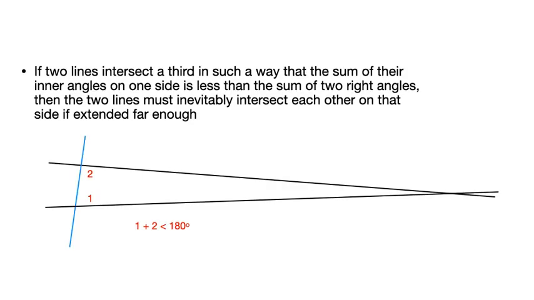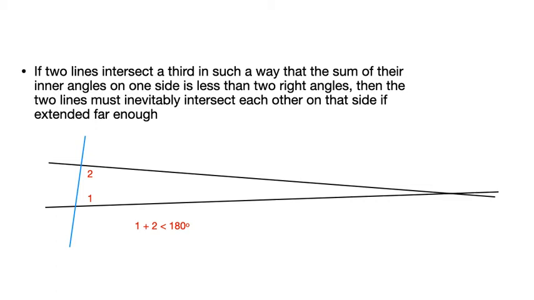So let's return now for a moment to the fifth postulate, the parallel line postulate, which says that if two lines intersect a third in such a way that the sum of their inner angles on one side is less than the sum of two right angles, then the two lines must inevitably intersect each other on that side if extended far enough.